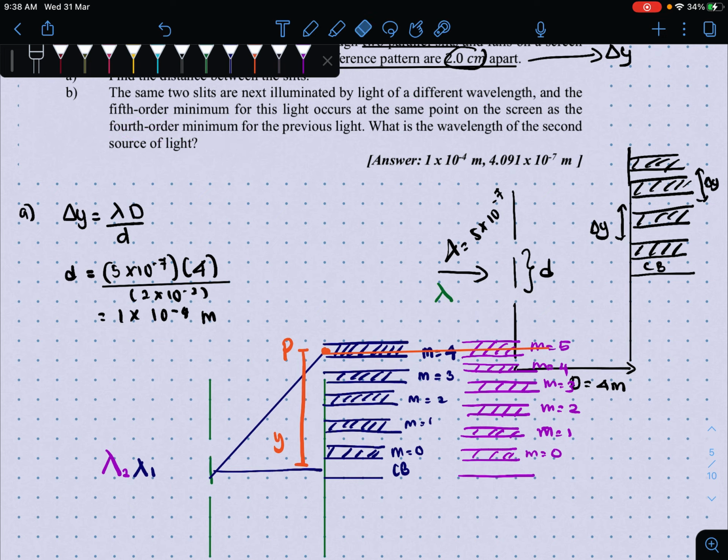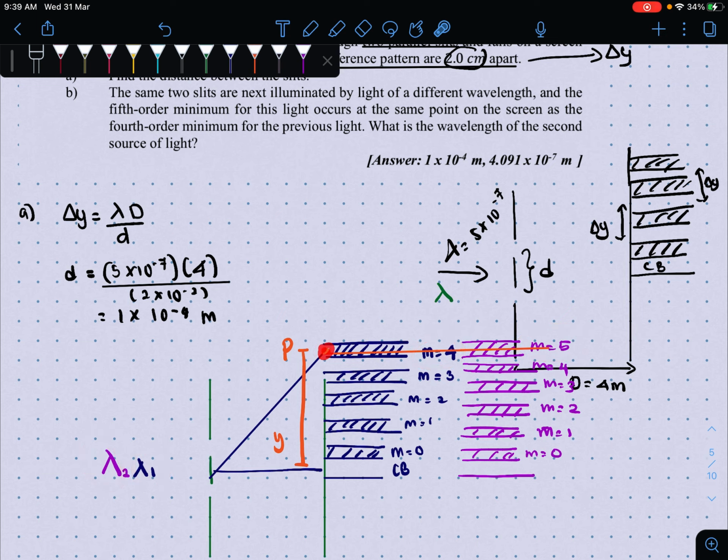Kita baca balik soalan. Selepas kita tengok diagram ni, kita baca balik untuk understand the question. The two slits are next illuminated with light of different wavelength. So sekarang kita guna wavelength lain. And the fifth order minimum for this new wavelength occurs at the same point on the screen as the fourth order minimum of the previous light.